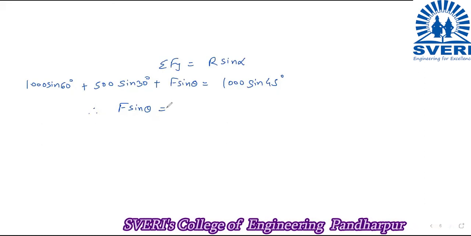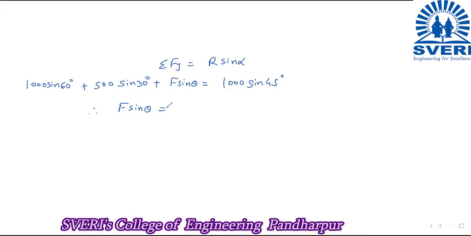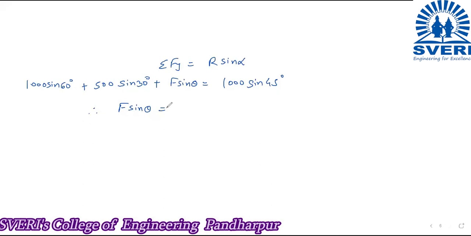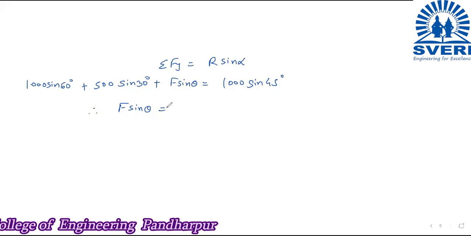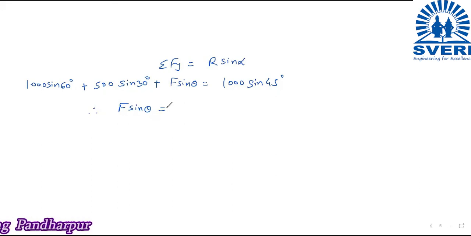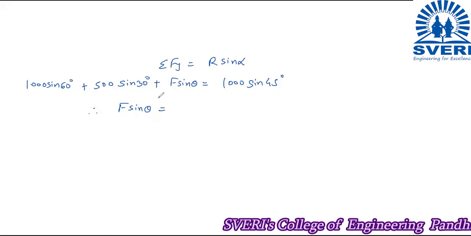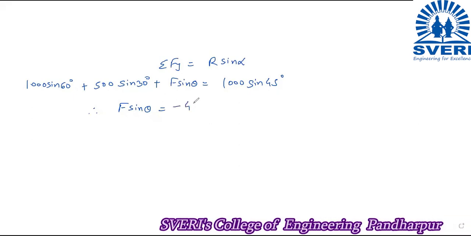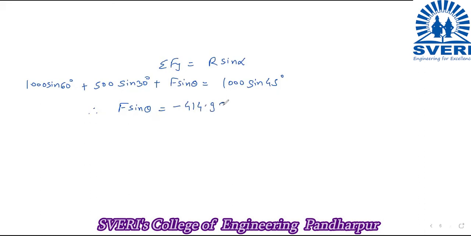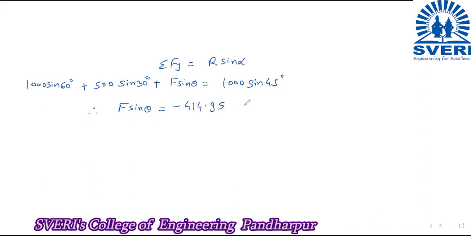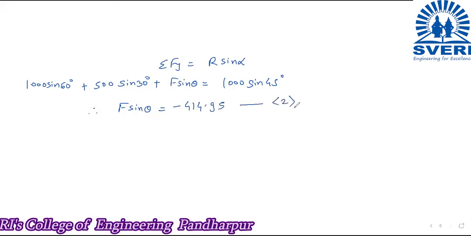What is the answer? 1,175.08. F sin theta is equal to minus 414.95. Minus 414.95. Anybody? Any other answer? If anybody has got, please cross verify the answers.